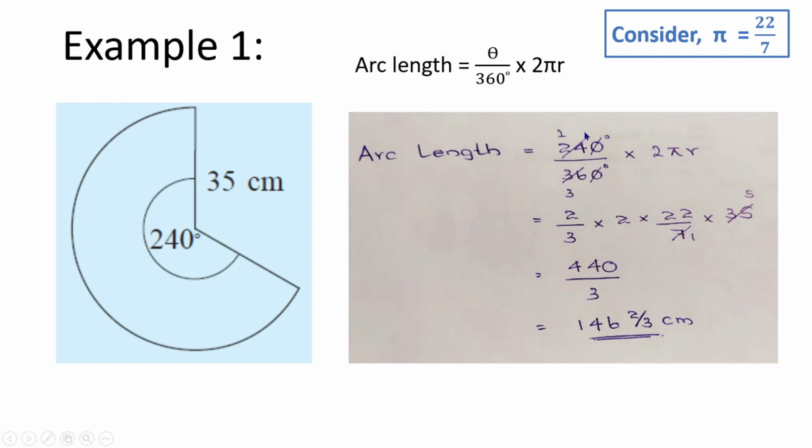When you simplify this, 12 times 2, 12 times 3, 2 over 3 into 2, pi is 22 over 7 into r is 35. So 7 times 1, 7 times 5. When you multiply this, you get 440 over 3, that is 146 2 over 3 centimeters. This is the arc length of this given sector.